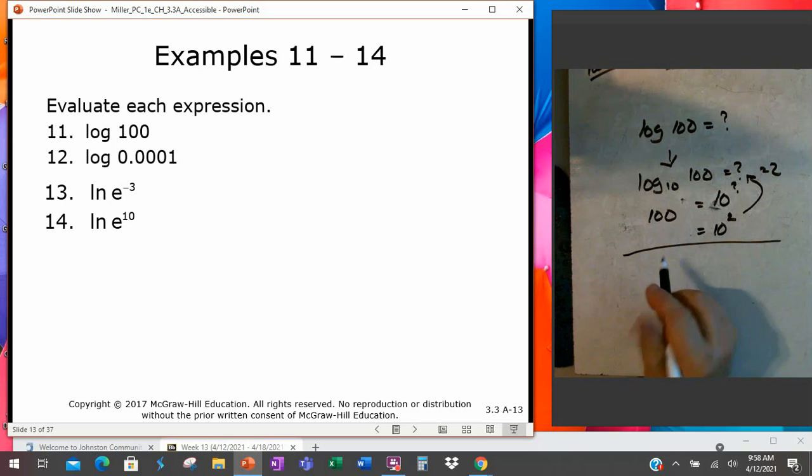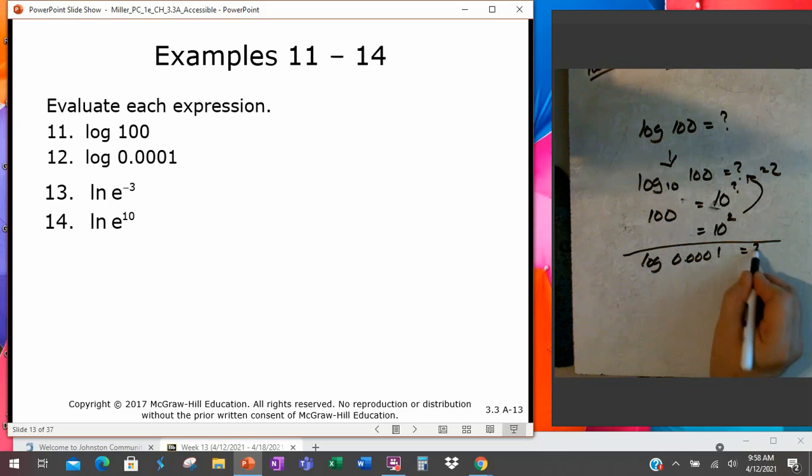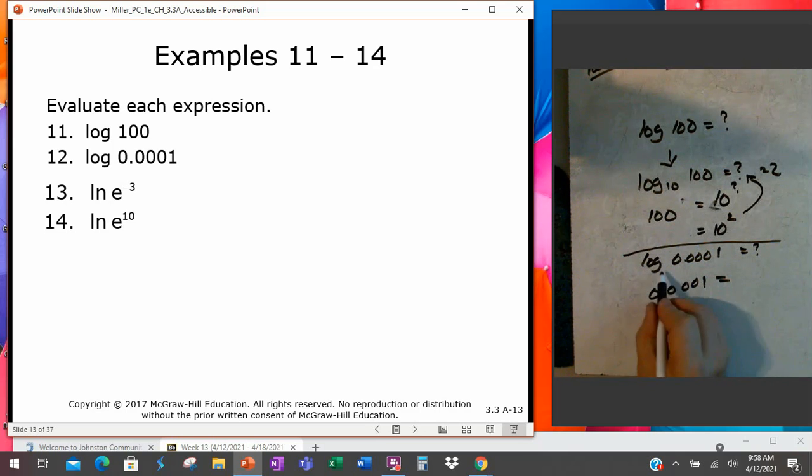It can also be negative results. So here I've got log of 0.0001. Again, these are powers of tens, and tens are just exponents, right? So I want to find out what this log number is. To help me, I represent 0.0001 as a power of 10.